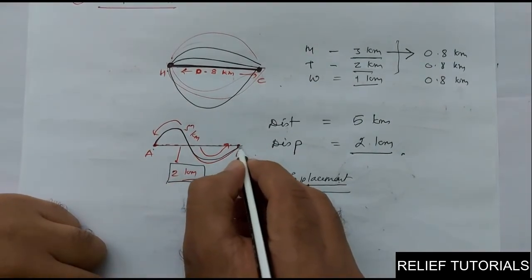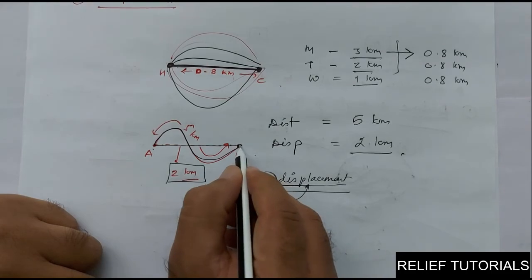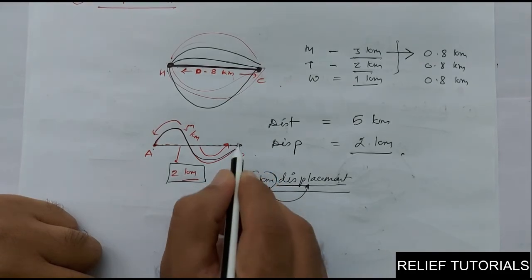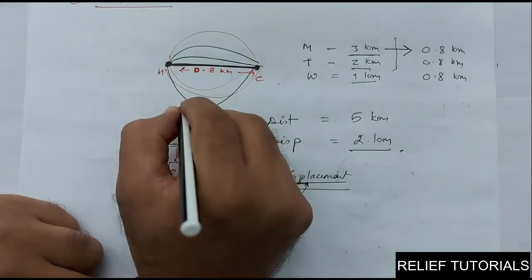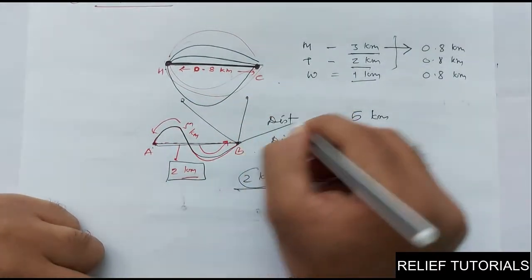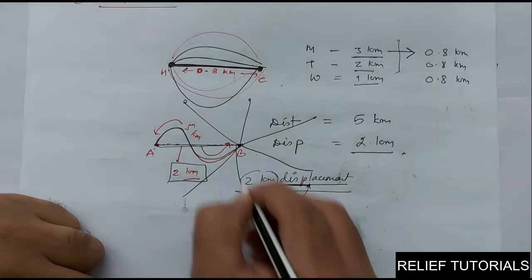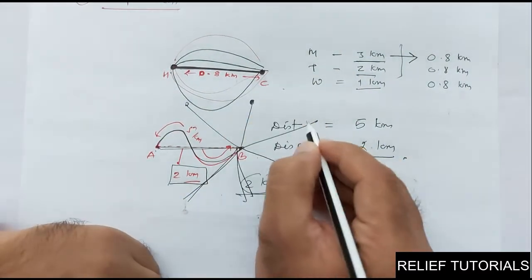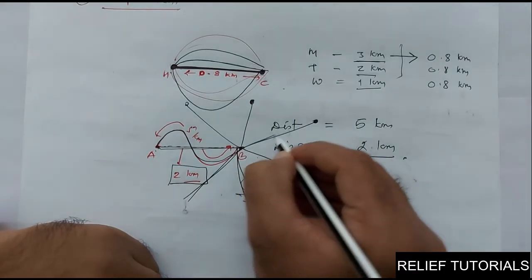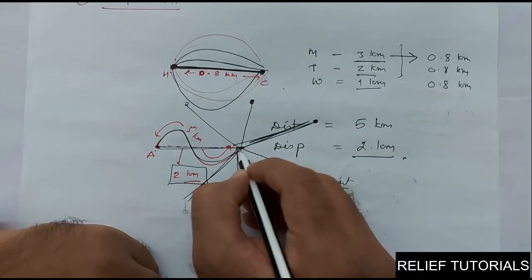So when I reach here, if I say I came here by covering 2 kilometer displacement, it means either I am coming from 2 kilometer from this side or this side or this side or any side, means the straight distance I have taken. So my initial place of journey is straight distance 2 kilometer away from my final point.